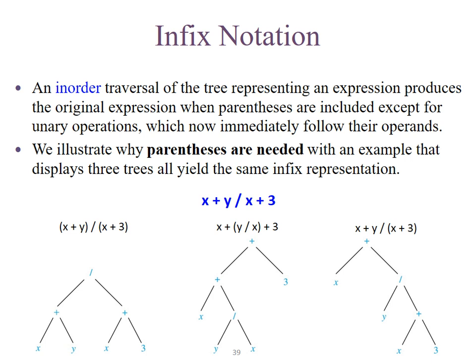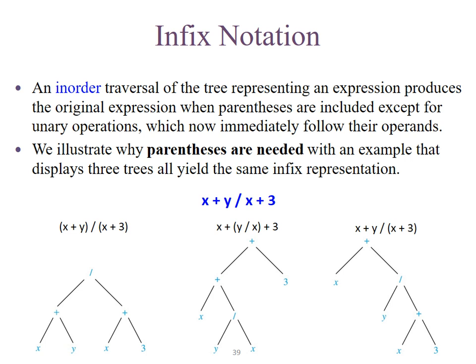If we have x plus y and x plus 3, the first one divided by the second one, you will see this is the same as x plus y divided by x plus 3. For pre-order traversal, we visit the root first, and then x and y. For in-order, we visit the left subtree, then the root, and then the right subtree. Because we apply in-order traversal, we visit the left subtree first.